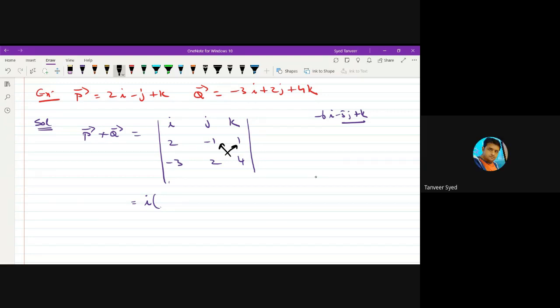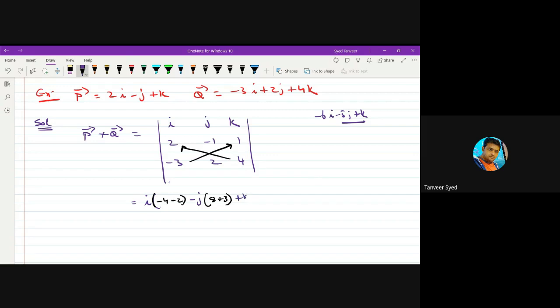Let us see. i into minus 4 minus 2, minus j into 8 plus 3, this minus this, 8 minus of minus plus 3.